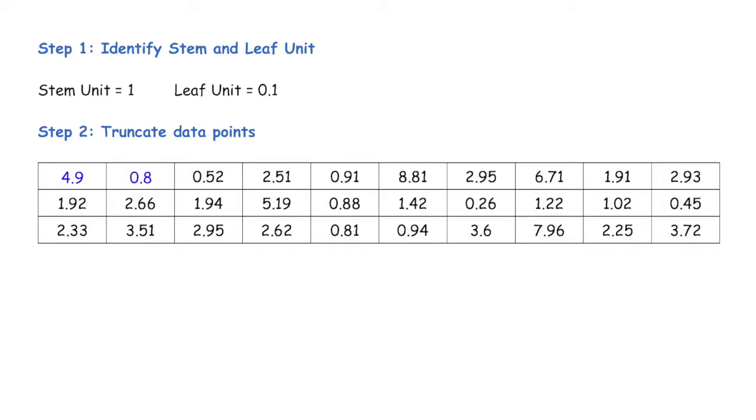Notice how I didn't round that up to 0.9, I truncated the value, so I just eliminated the second decimal place. The idea now is to extend this logic to each one of your data points. So 0.52 would be displayed as 0.5, 2.51 as 2.5, 0.91 as 0.9, and so on.